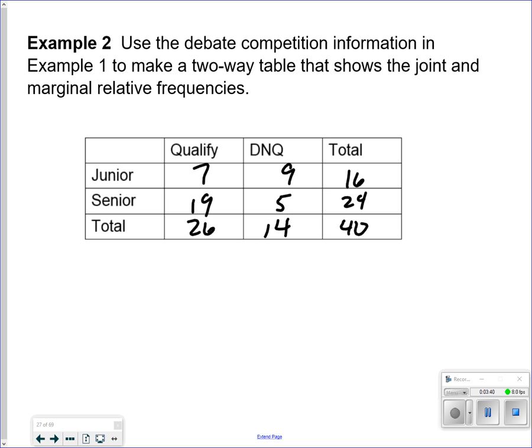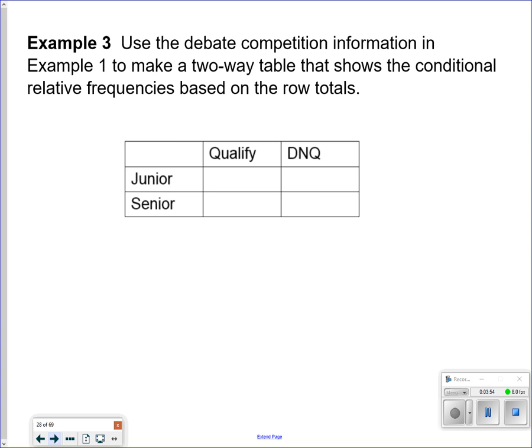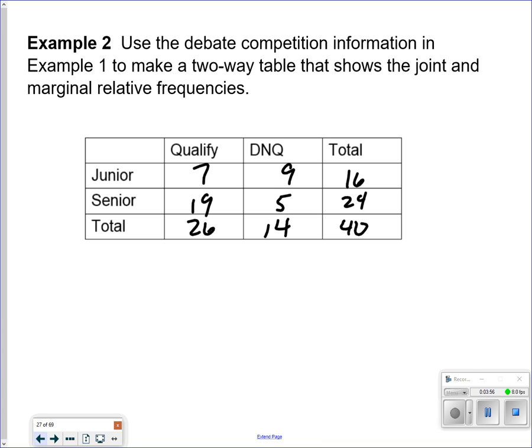Use the debate competition information to make a two-way table that shows the joint and marginal relative frequencies. So that's the information. I should have copied and pasted that. And then what they want me to do is compare each one of these divided by the total.